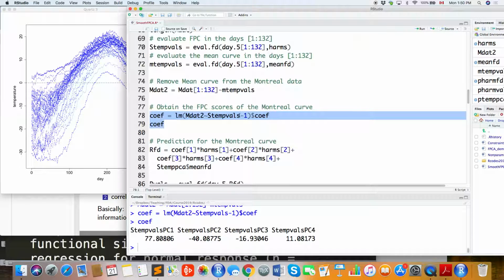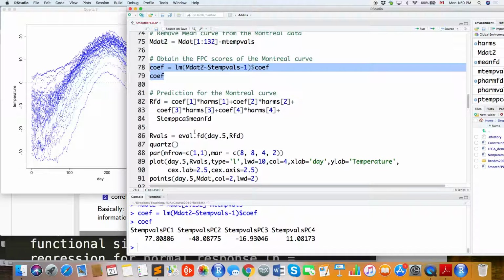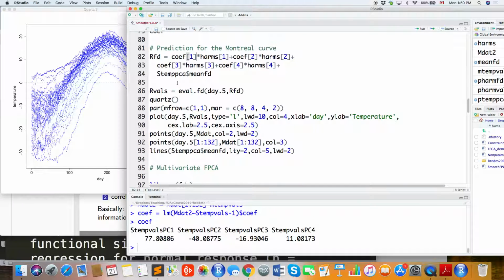The coefficients of the linear regression are the FPC scores, right? Now we multiply these scores with the FPCs and add the mean curve. We can predict the Montreal curve.